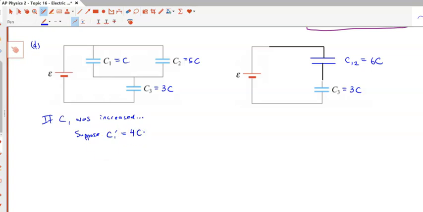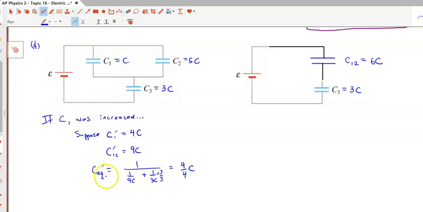And then the new equivalent capacitance of 1 and 2 would be 9C, because we would just add them up, 4 plus 5. And then the equivalent capacitance of the circuit would be 1 over 9C plus 1 over 3C. All right? If you multiply this by 3 over 3 here, then you'll get 4 over 9. So then the equivalent capacitance would be 1 over 4/9, which would be 9 over 4 times C.